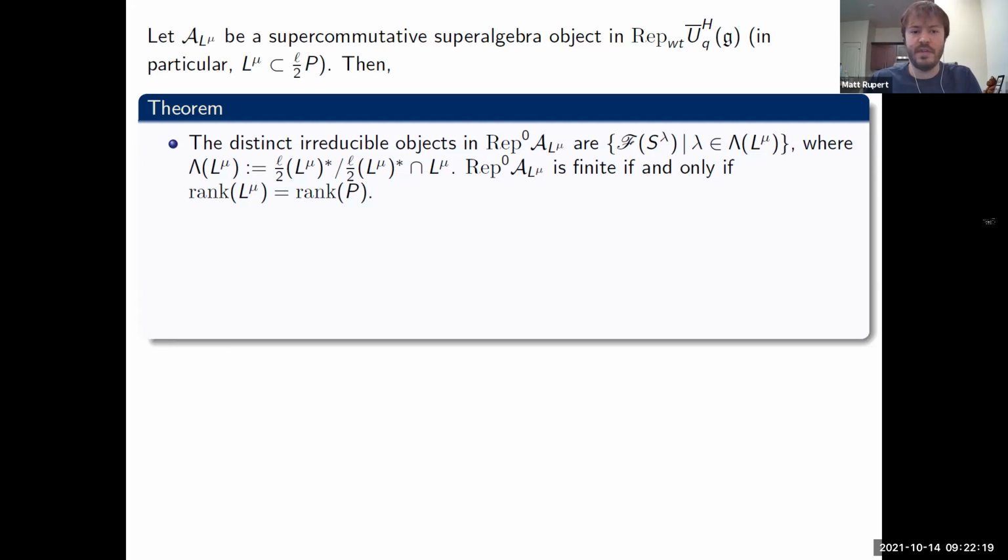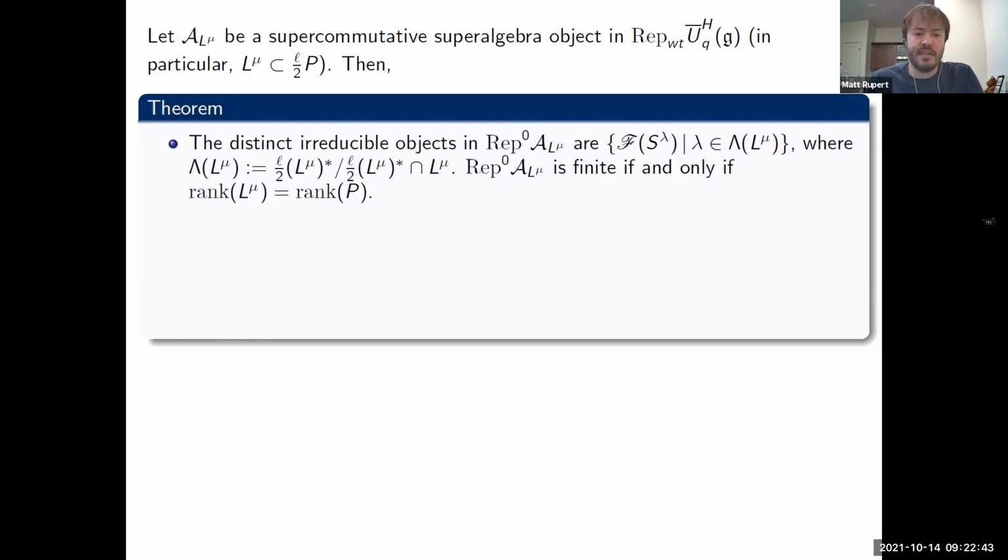Okay, then if we take A L mu here to be a supercommutative superalgebra object in the category of weight modules for the unrolled restricted quantum group, then the distinct irreducible objects, so the isomorphism classes of irreducible objects in the category of local modules, are given by this quotient of lattices.